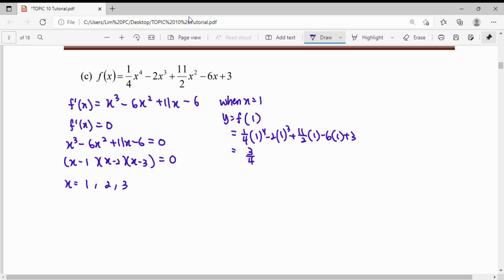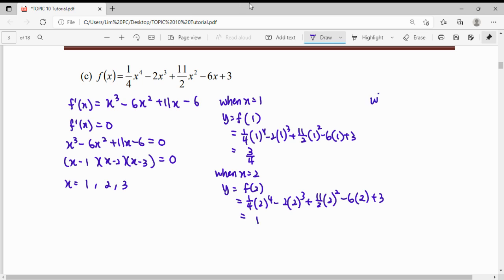And then continue. When x equals to 2, so we get coordinate 1.